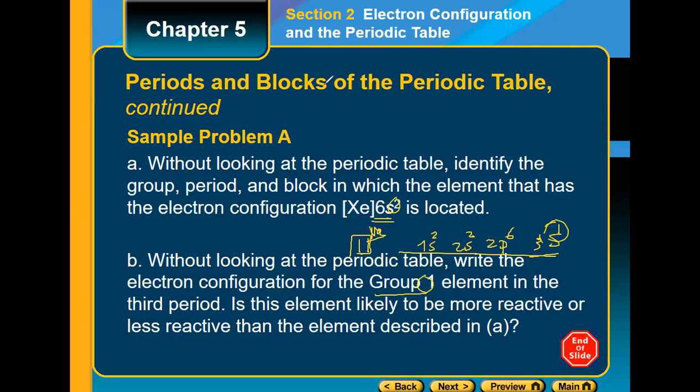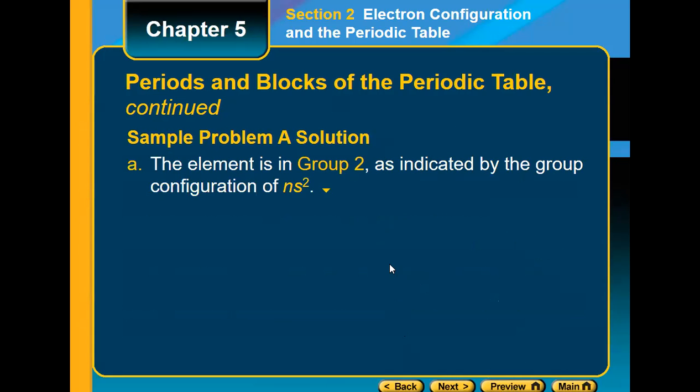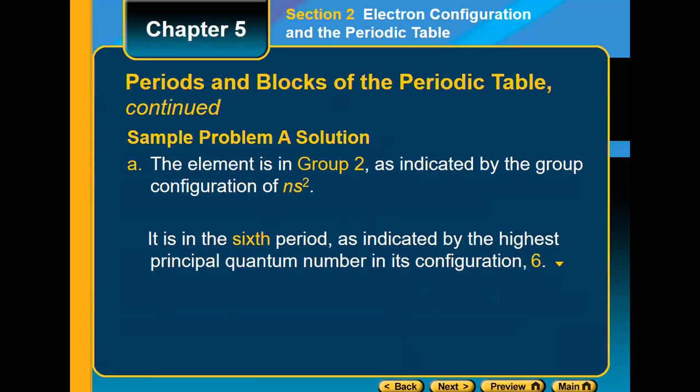So like this, we figure that the periodic table reflects the electron configuration, or the electron configuration helps to locate an element in the periodic table. So here the answer is the same.